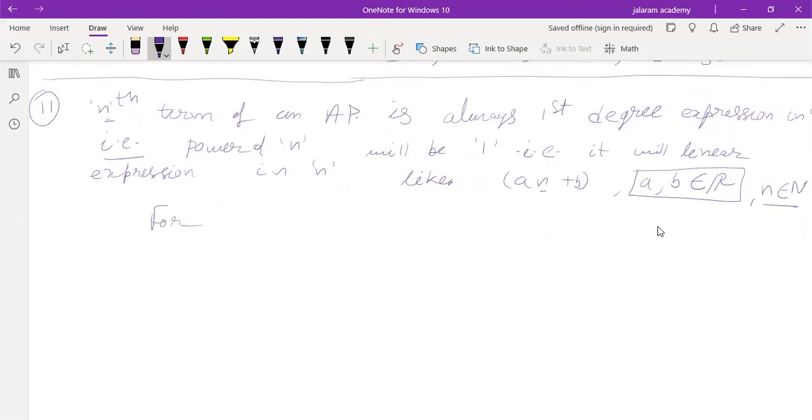N is always a natural number. For example, if we write an equals 5n plus 6, what is the power of n? Can you tell? The power of n in this is 1.